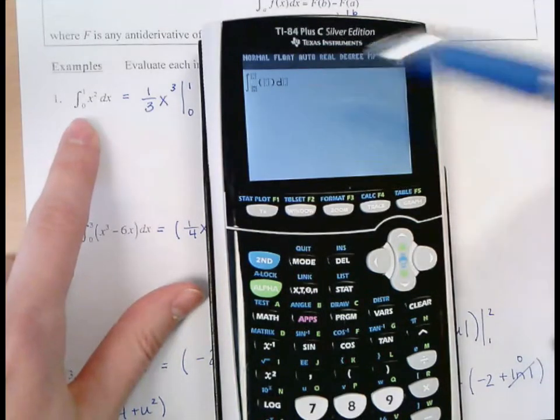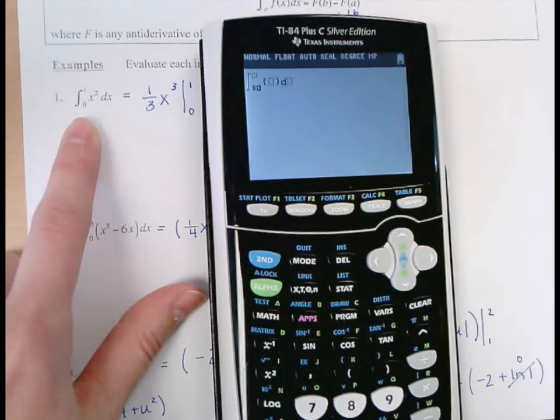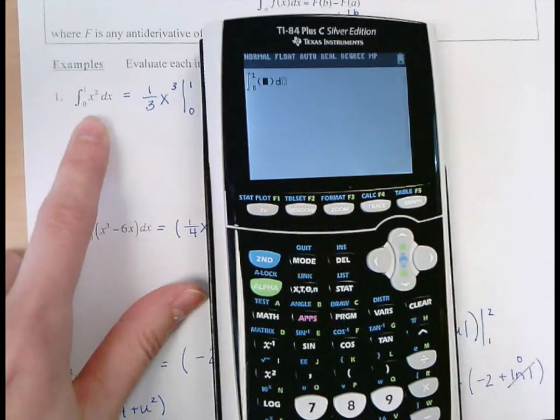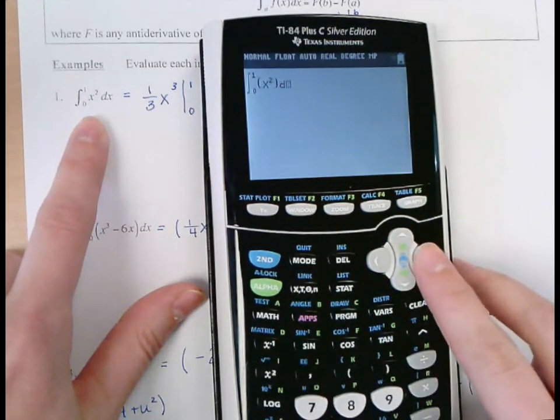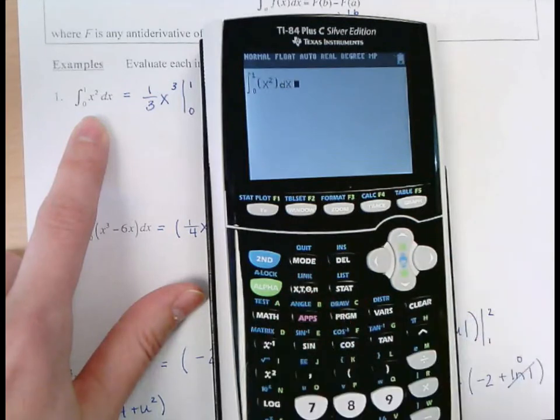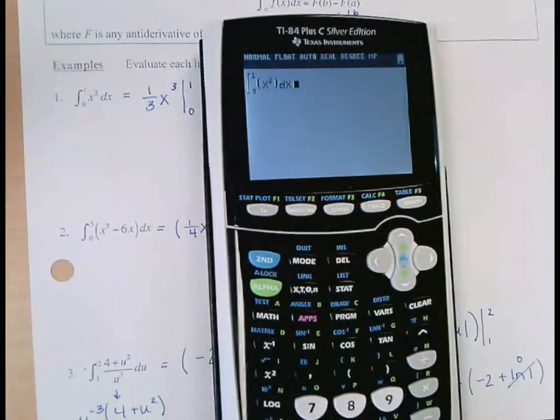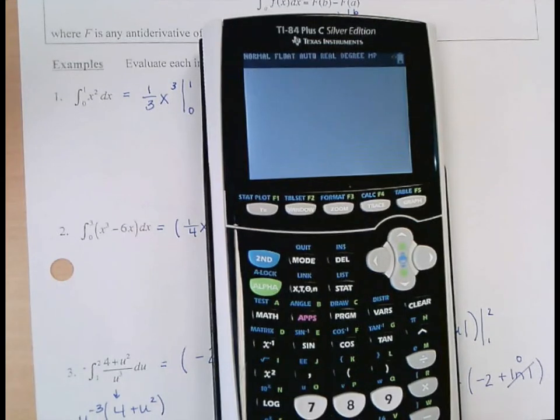So you would fill in the integral from 0 to 1 of my function, x squared, and then dx. So this is defining your variable. If you don't have an 84, I'll come by and help you know how to type it in. And then you just hit enter. You get 0.3 repeating.